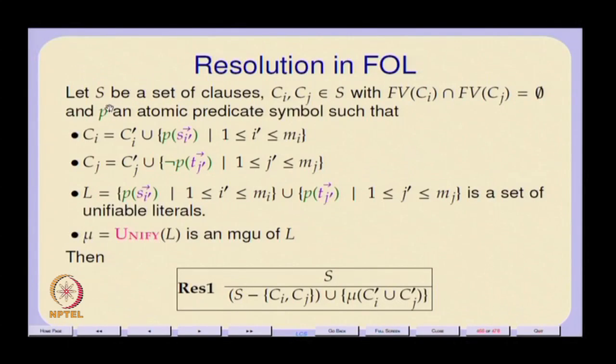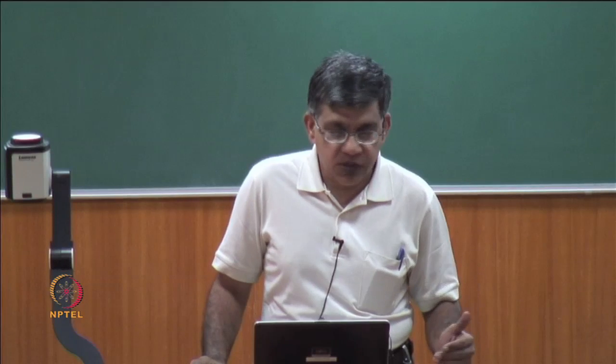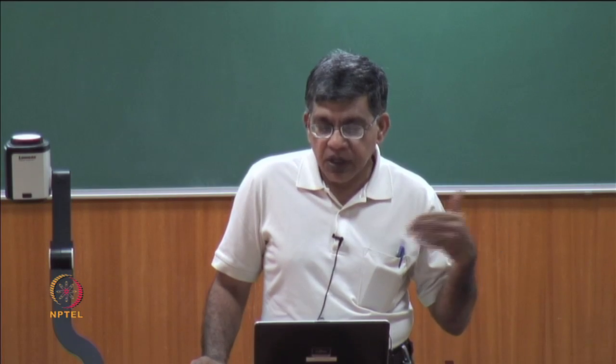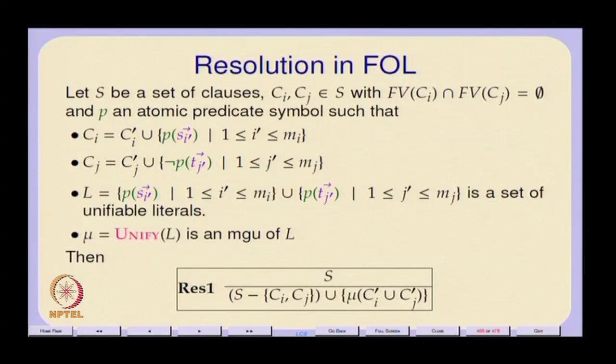Let us assume that we have a set S of clauses, and since each clause is implicitly universally quantified, between two clauses we will use alpha renaming to standardize the variables apart. So, the free variables of Ci intersection the free variables of Cj is empty.